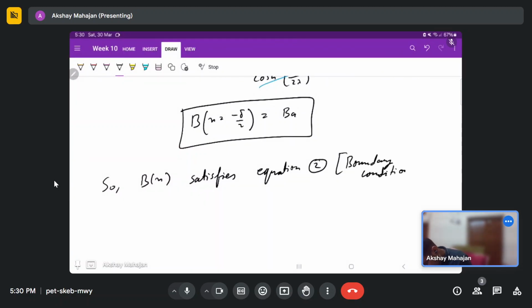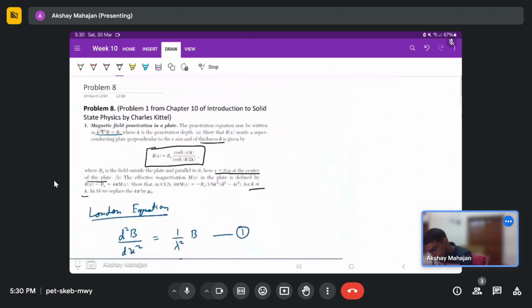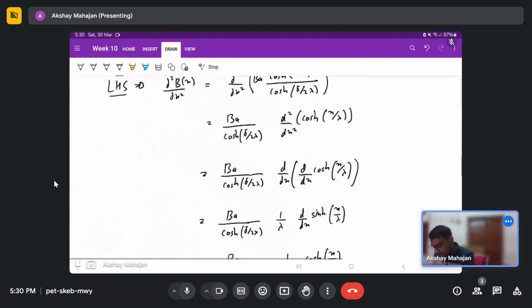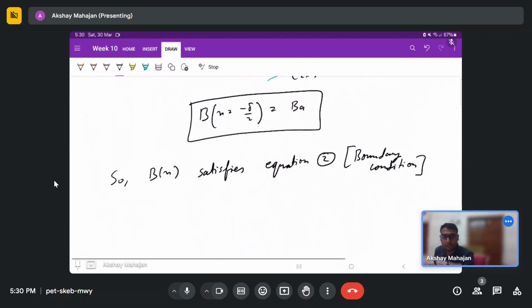Therefore B of x is our answer. B of x satisfies this equation. This B of x is the magnetic field inside the superconductor for this problem, because it satisfies the London equation and it also satisfies the boundary condition as well.